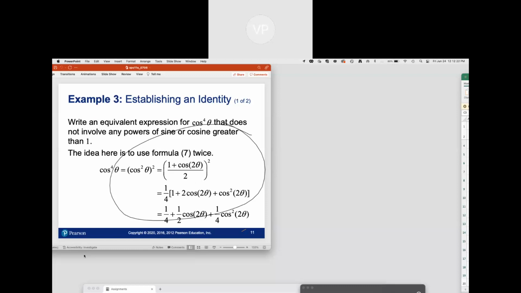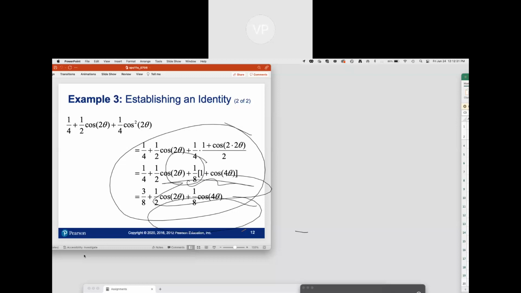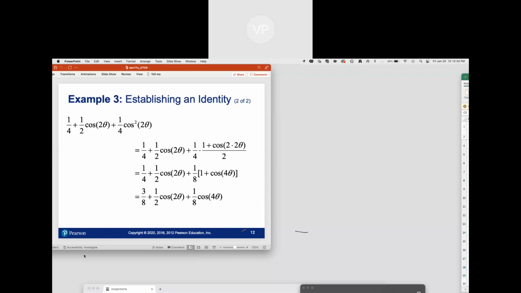Even though it has trig functions, think about this. We did a substitution right here. Well, that's kind of an algebra move. We simplified. We FOILed. Then go over here, we replaced again, more algebra. We distributed, or we multiplied. Then we distributed. Then we simplified. It's just a bunch of algebra steps.